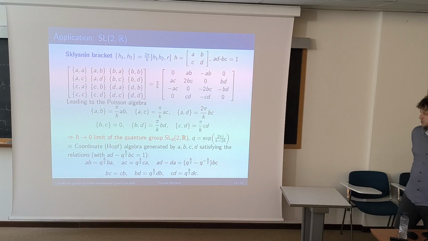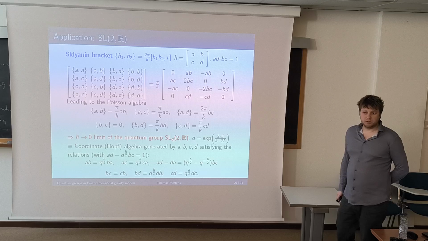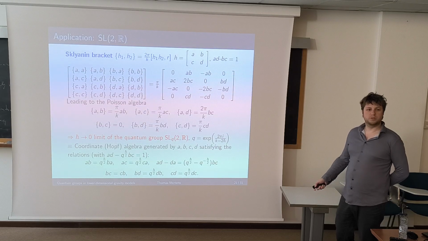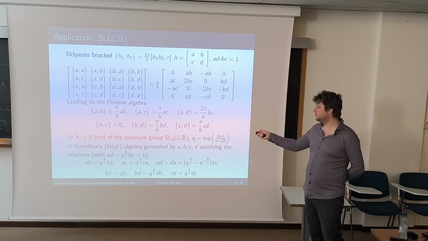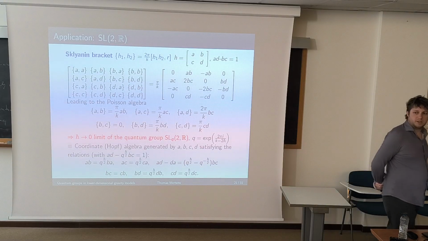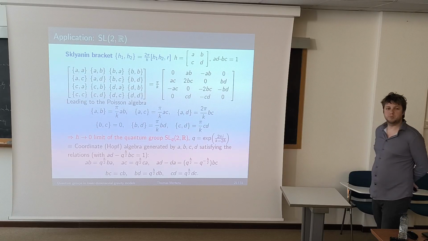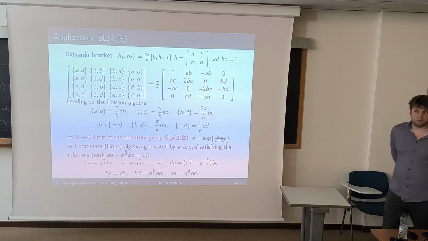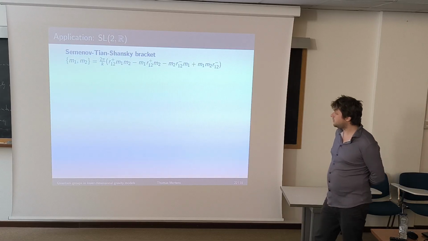So that's the definition of SL_q 2R. If you take these relations and you take the h bar to 0 limit, where you go from commutators back to Poisson brackets, then you find this Poisson bracket algebra. So that's the structure that we have here. So it's indeed just the classical limit, the h bar to 0 limit, of the known mathematical SL_q 2R quantum group.